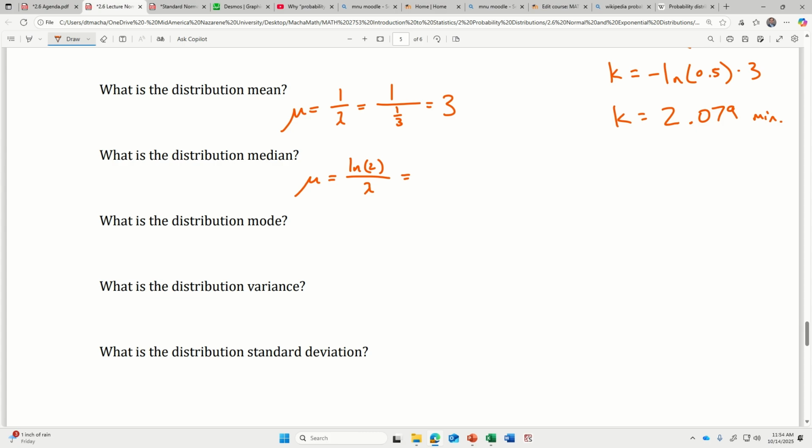So natural log of 2 divided by 0.333333. It's like 2.079. The mode is, and sorry, that's the sign for the mean. The mode is 0 for an exponential distribution. The variance is the standard deviation squared, and the standard deviation for an exponential distribution is the same as the mean. So the variance is 9 this time.